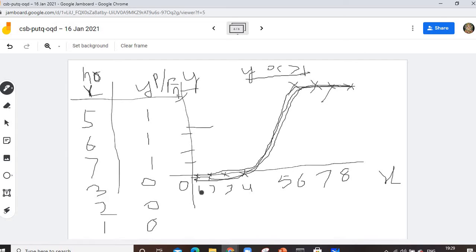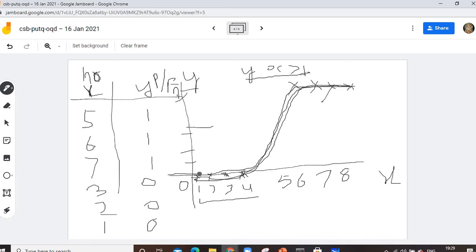So if a student studied less than 5 hours, for example 4 hours, they get 0. The data points for failed students at 1, 2, 3, 4 hours will fall here only, on the 0 of the y-axis. Yes or no?